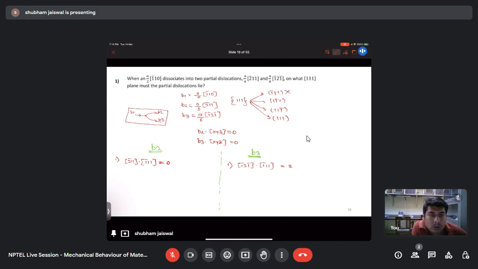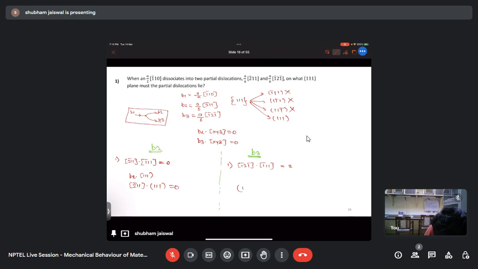Similarly, try for the others. Here also, if you try, you will not get a 0. Similarly, for this one, you will not get 0. Then only for 1 1 1, you will get a 0. That is, if I put B2 into 1 1 1, that is 2 bar 1 1 into 1 1 1, you will get a 0.